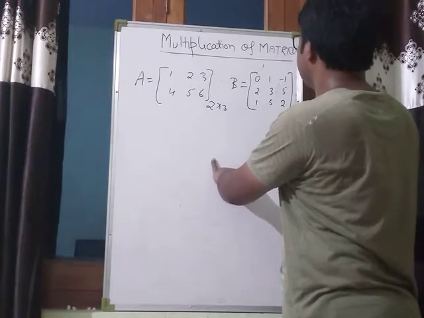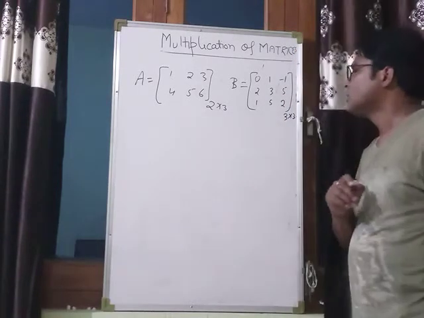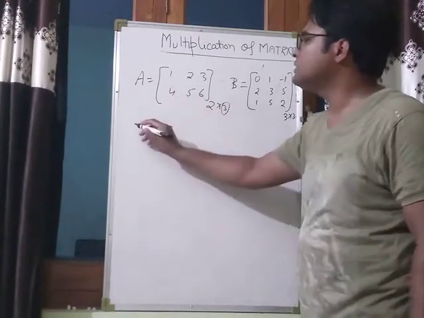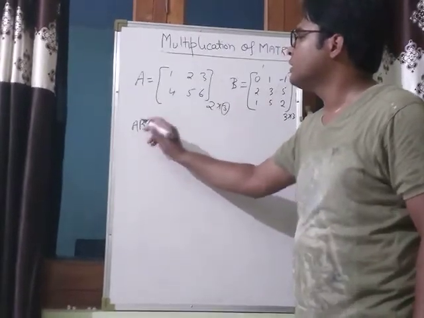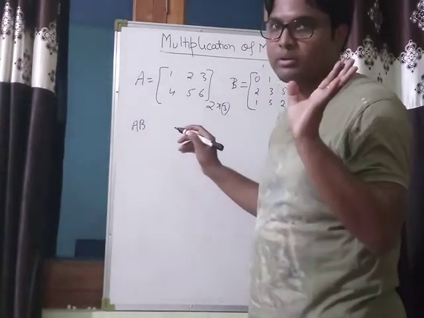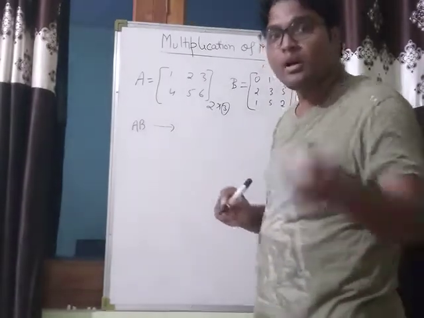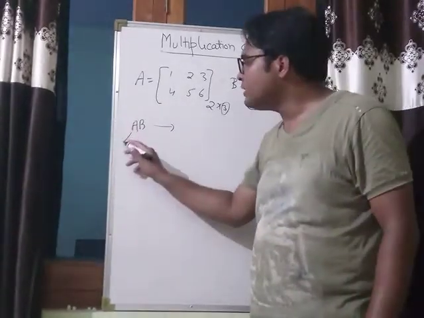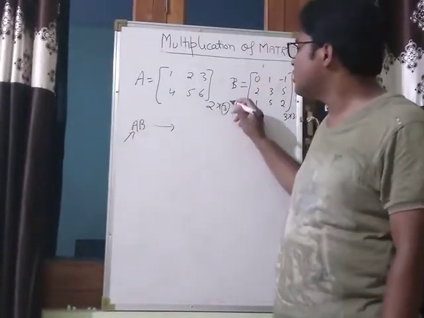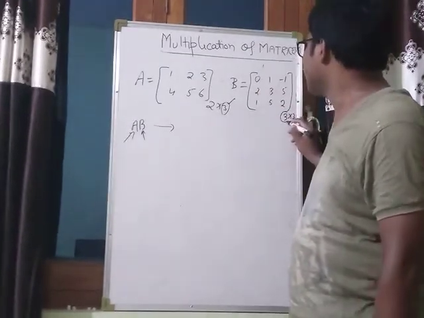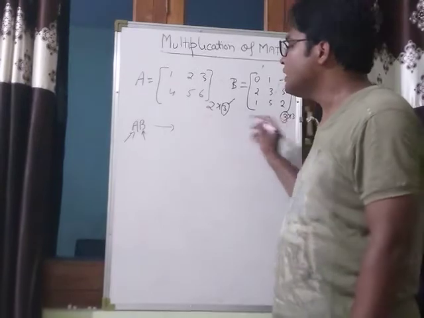This is 3 by 3. Okay, so see, if this is the pre-multiplier, does AB exist or not? Of course AB exists. This is the pre-multiplier, so its number of columns is 3, and it is the post-multiplier, its number of rows is 3. That's why AB exists.